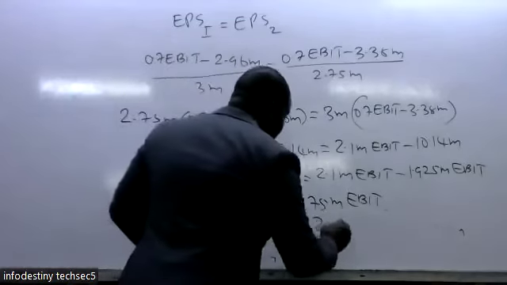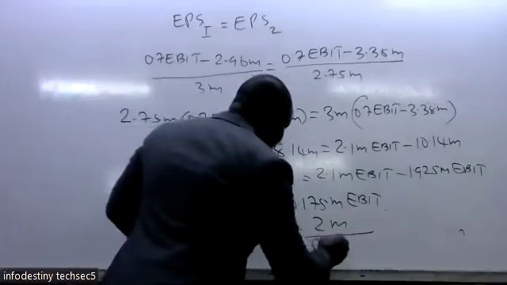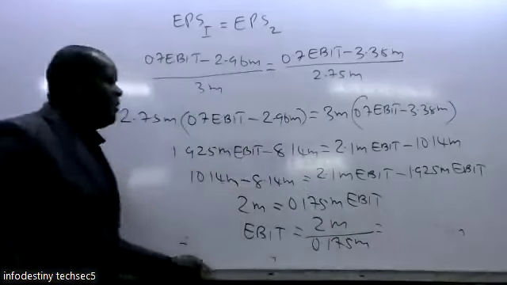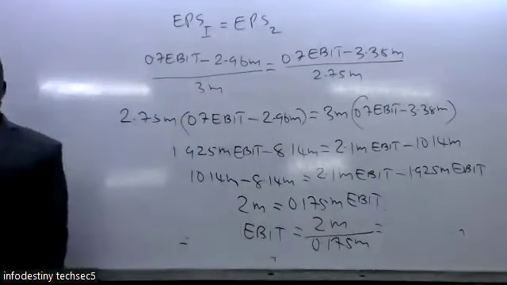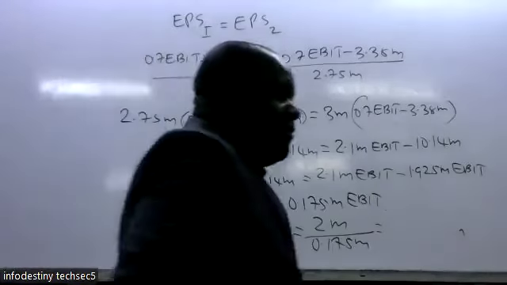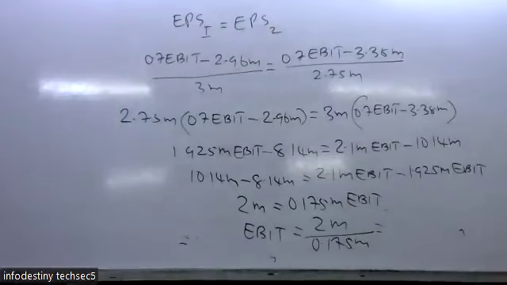So it will be 2 millions divided by 0.175 millions. So that is now what should give us the earnings before interest and tax at the point of indifference.